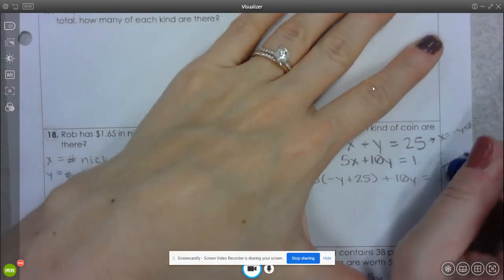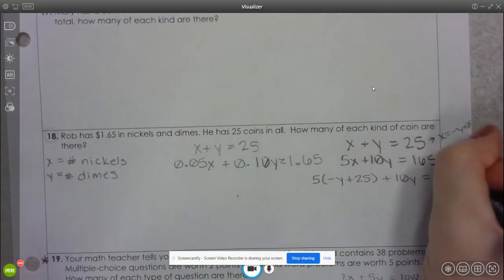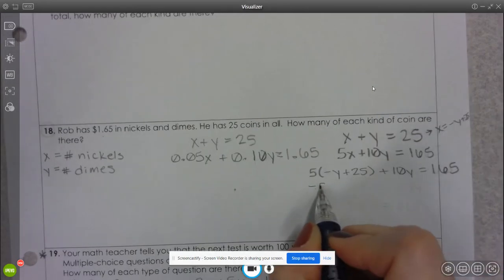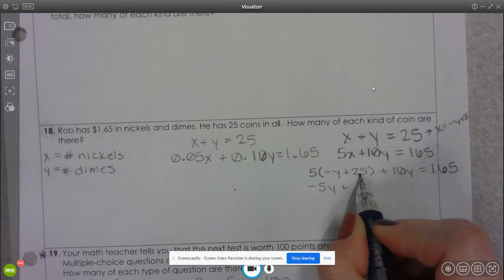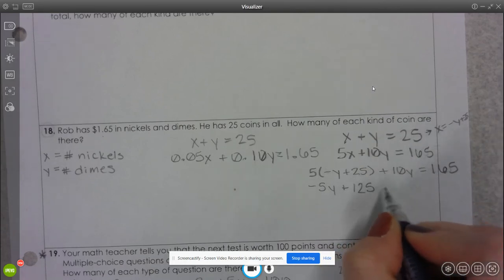I multiplied to get rid of the decimal, and then I still wrote a decimal on the end. So this is negative 5y plus, 5 times 25 is 125.